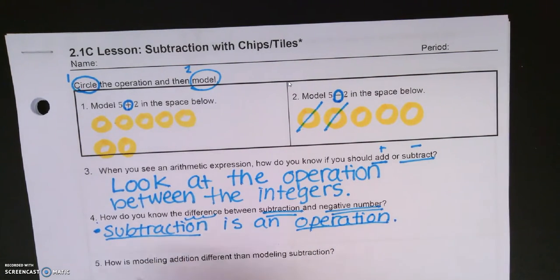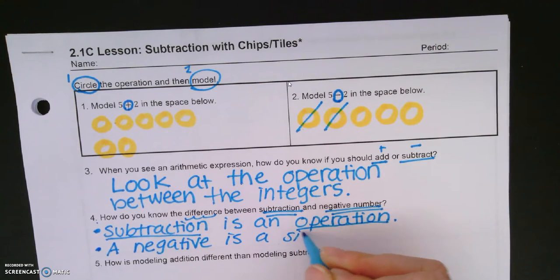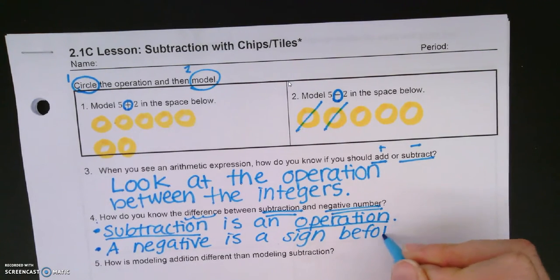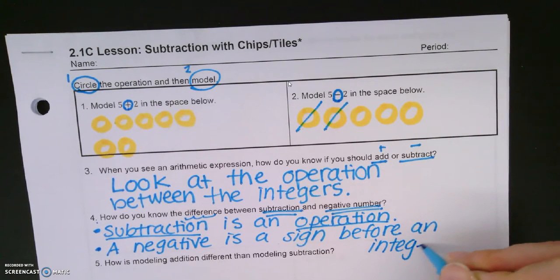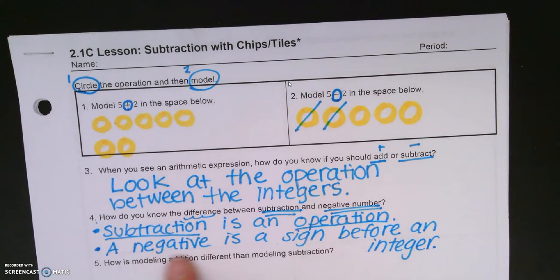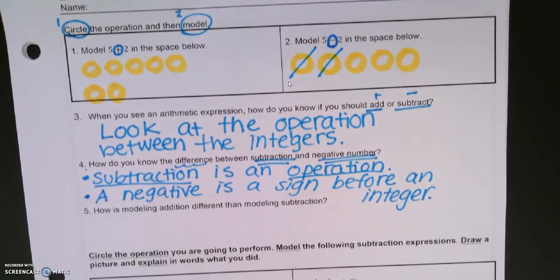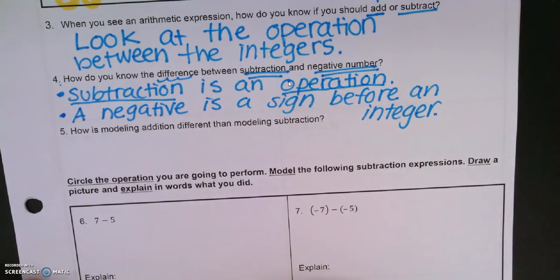And a negative number is a sign. It's a sign before an integer. Remember, integer, just a fancy word for number. A negative is a sign before an integer. That's what's going to tell us if we need red or yellow chips, filled in or not filled in. And subtraction tells us if we're taking away.